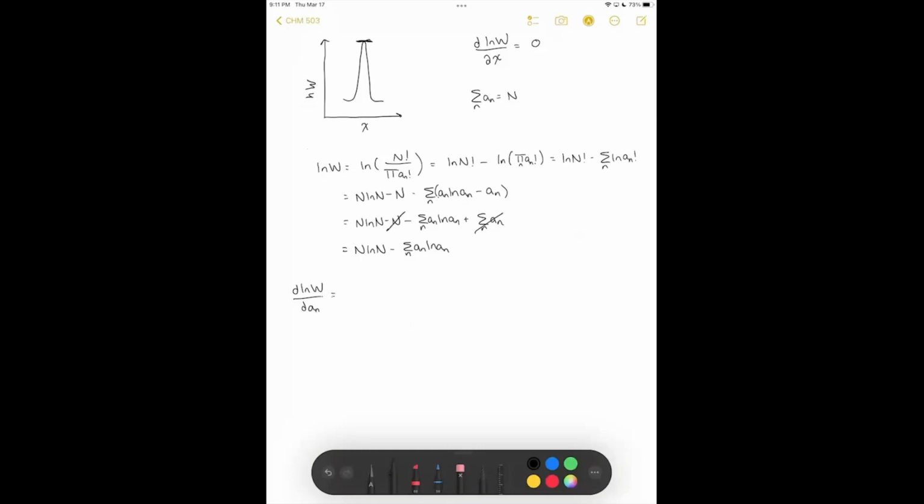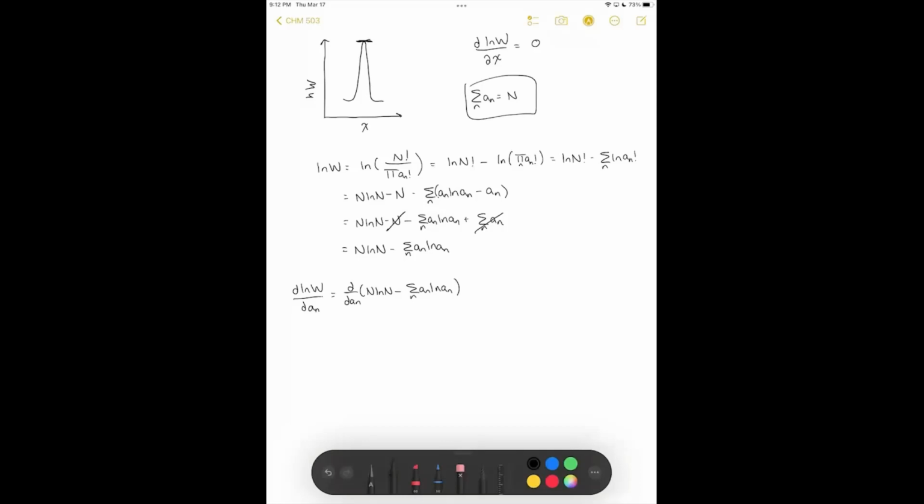And then we need to take the derivative of our equation up here, our n natural log of n minus the sum over n of a sub n natural log of a sub n. So it's pretty easy to take the derivative of a sub n natural log of a sub n with respect to a sub n, but what about n natural log of n? Well, remember that n is simply equal to the sum of all of our a sub n's.